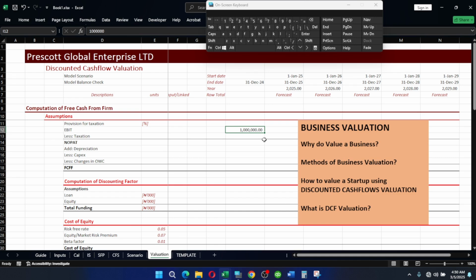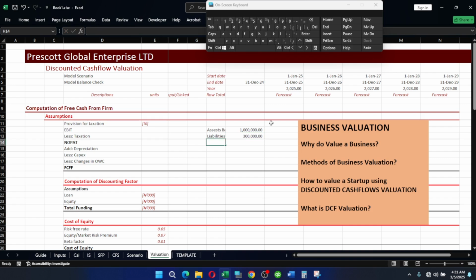Let's say the business is valued at 1 million naira, and this 1 million naira is the total asset base, right? And we have a 300,000 naira liability.